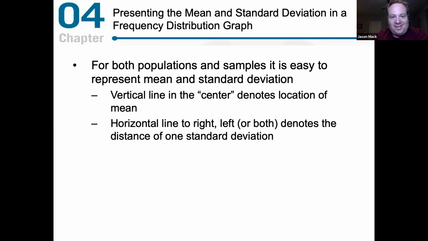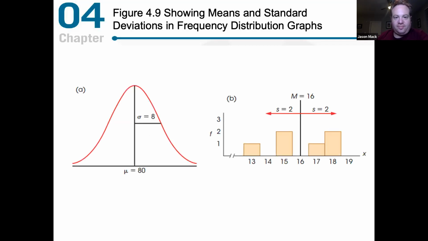The vertical line in the center denotes the location of the mean, and the horizontal line to the right and left denotes one standard deviation distance. This shows a population distribution with a mean of 80 and a standard deviation of 8, and a sample with a mean of 16 and a standard deviation of 2.